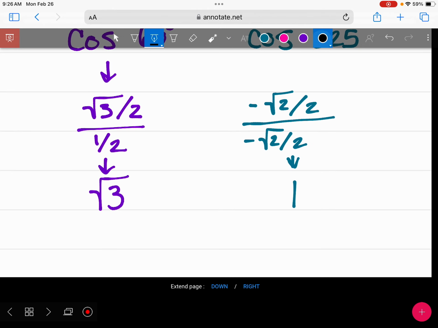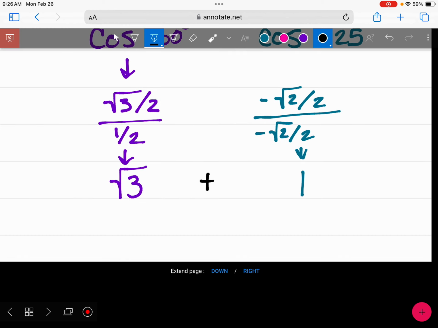So tangent of 60 plus tangent of 225 is the square root of 3 plus 1. Can we simplify that at all? Nope. That's our answer: square root of 3 plus 1.